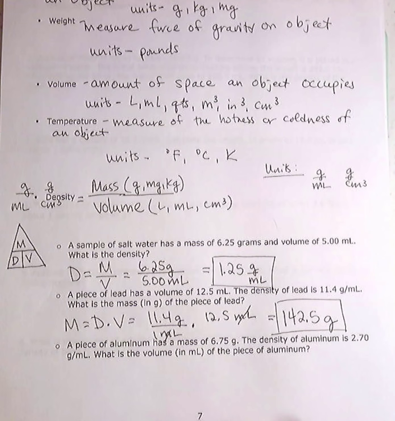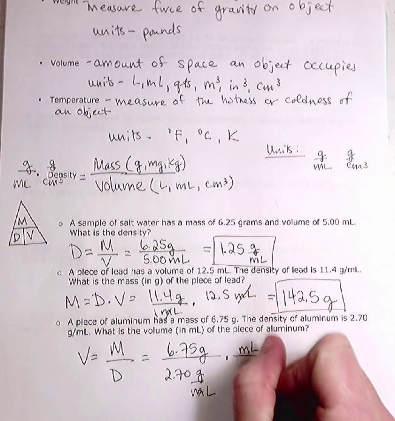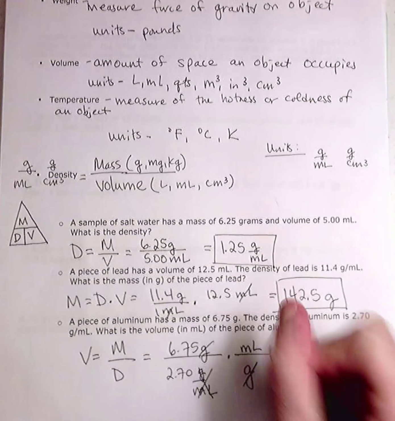And if you're wondering what to do with your units, when you divide by a fraction, it's the same as multiplying by the reciprocal. So if you take this portion of your denominator, or the bottom, and you flip it, your grams cancels out. And I'll just eliminate that, and you get milliliters.